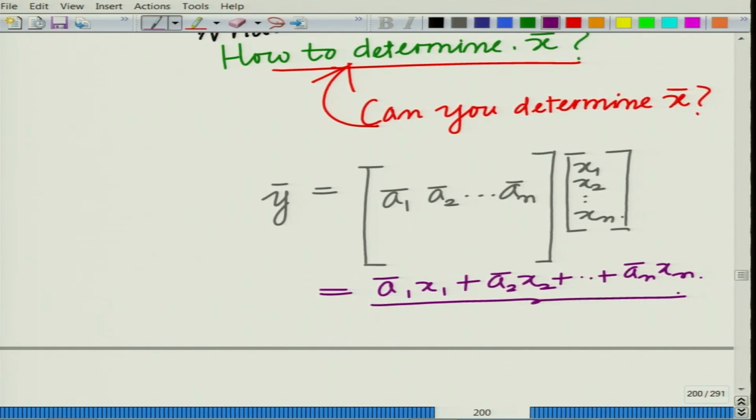This is a linear combination, and it has n columns. This implies it lies in the span of a1 bar, a2 bar, up to an bar, because it is a linear combination of these columns.